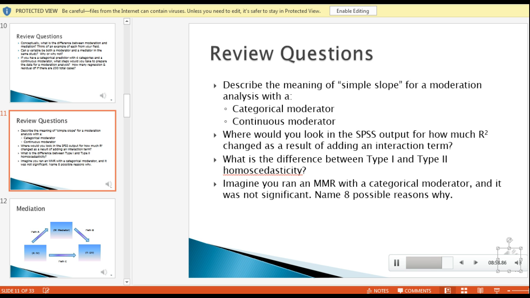So we need to check for type 2 heteroskedasticity whenever we have a categorical predictor and a continuous one interacting. We would do that using alt-MMR and following the James and Alexander test if the homoskedasticity assumption is violated.